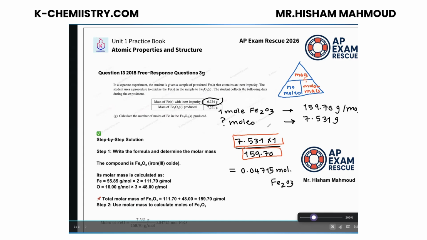This is exactly what we did. We divided the mass, 7.531, by the molar mass that we found by the addition, 159.70. So we got the number of moles of Fe₂O₃, that's 0.04715.